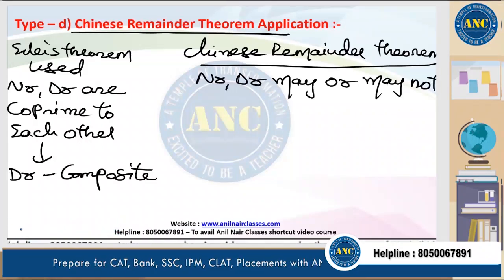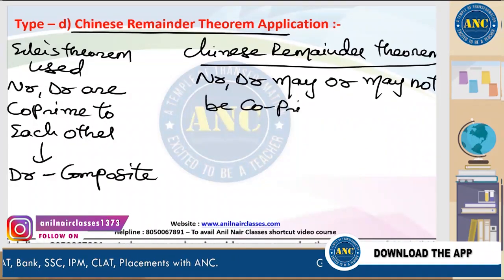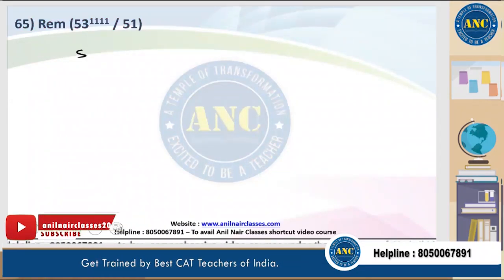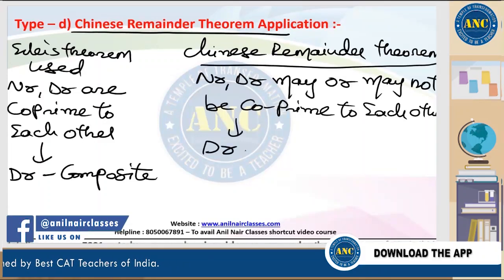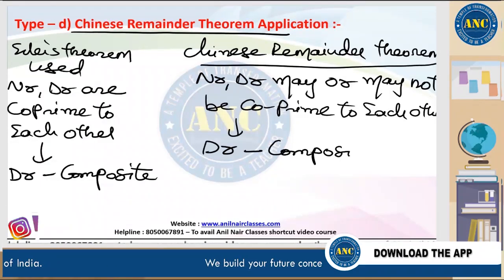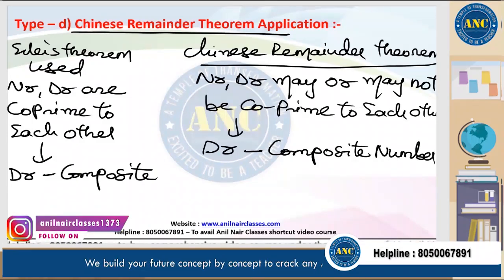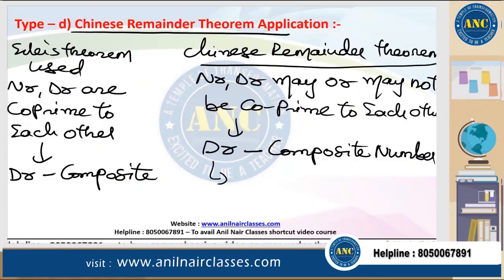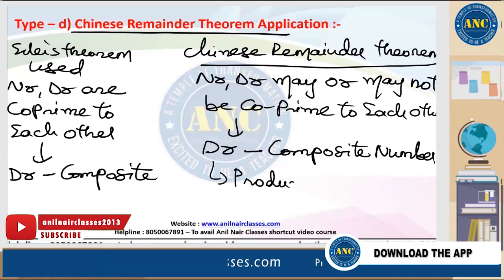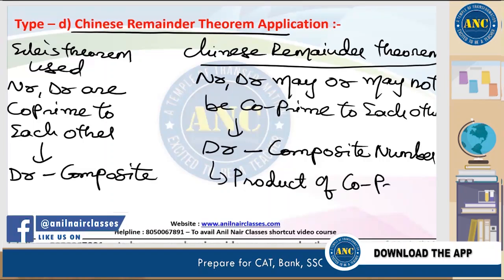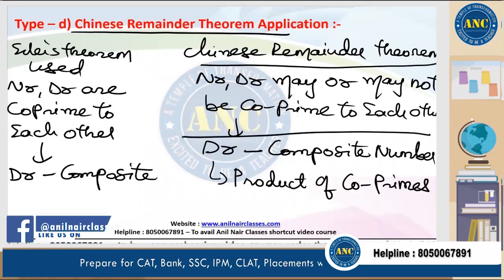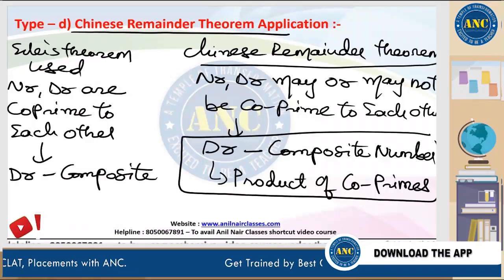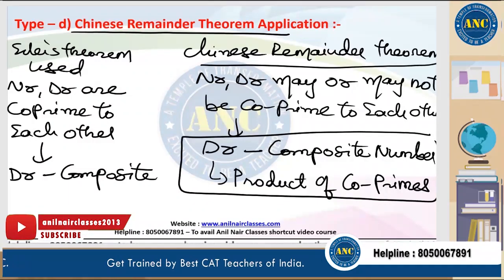That is the first point. Second point: this theorem is also used when the denominator is a composite number. To overcome the challenges of Euler's theorem, Chinese remainder theorem is used. If the denominator is a composite number, write the composite number as a product of co-primes.